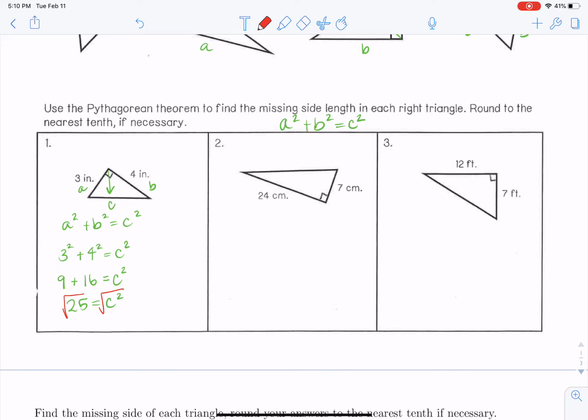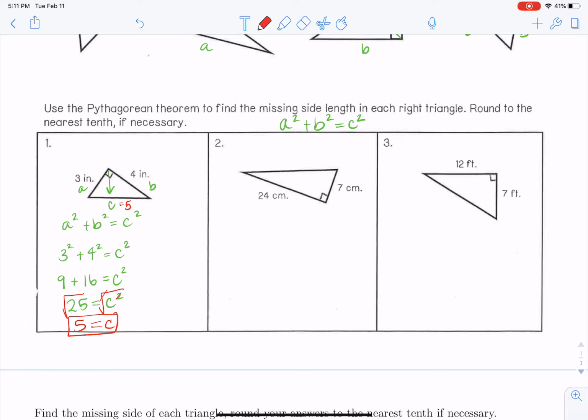This is digging back to a few weeks ago. Remember when we talked about Cheez-Its? Then we talked about square roots. If I take the square root of both sides, this makes the square go away, and the square root of 25, we know that 5 is equal to C. So this side length of this triangle is equal to 5.